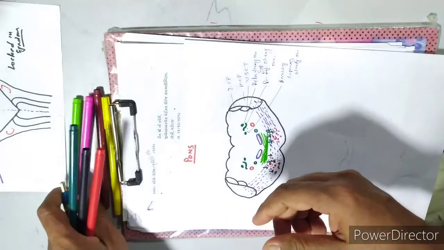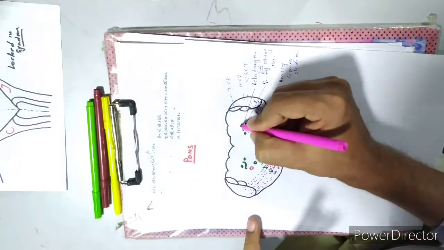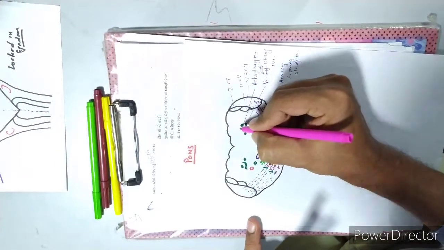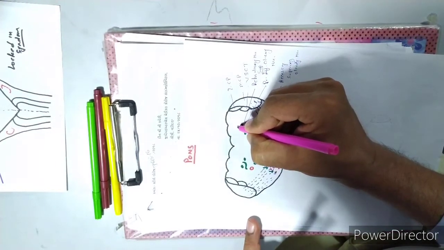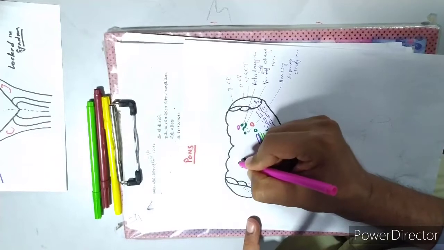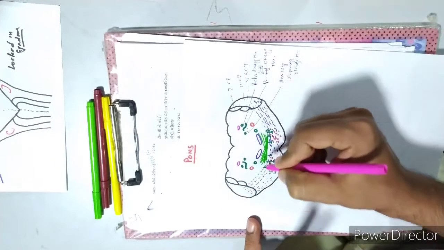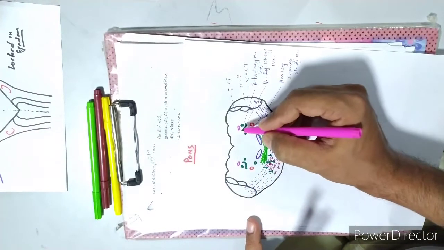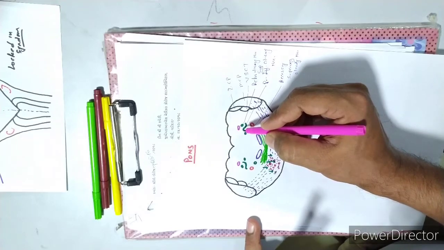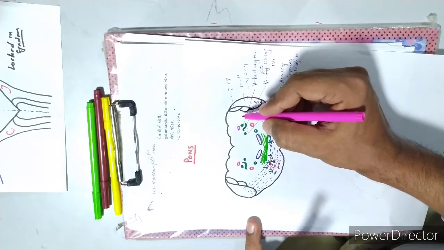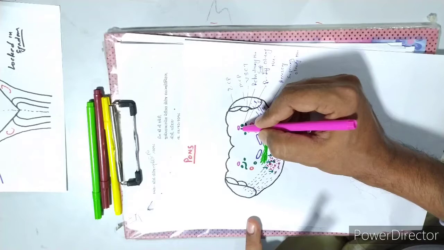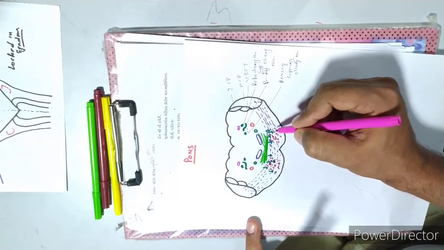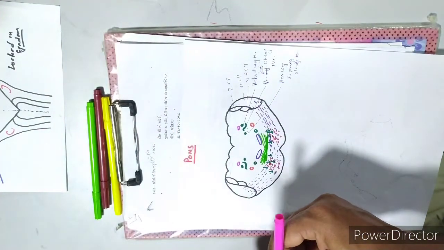This pink color, just dorsal to the superior olivary nucleus, is the central tegmental tract. And the central tegmental tract comes from the red nucleus. Fibers from the red nucleus descend downward and enter the inferior olivary nucleus.